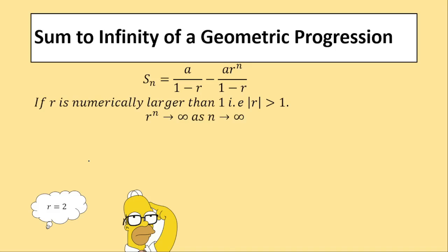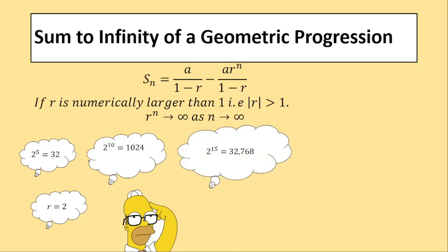If we take r, the common ratio, to be equal to 2, say 2 to the power 5, we are going to have 32. 2 to the power 10, we're going to have 1024. 2 to the power 15, we're going to have 32,768. 2 to the power 20, we're going to have 1,048,576.